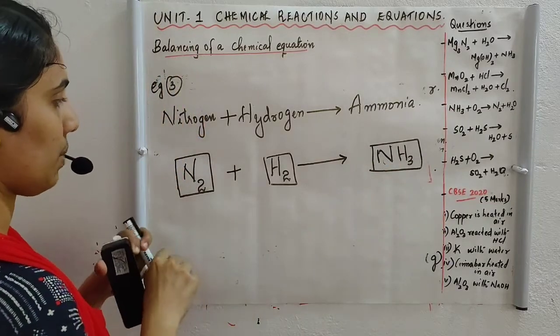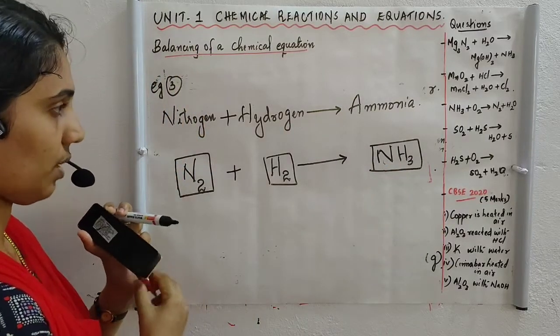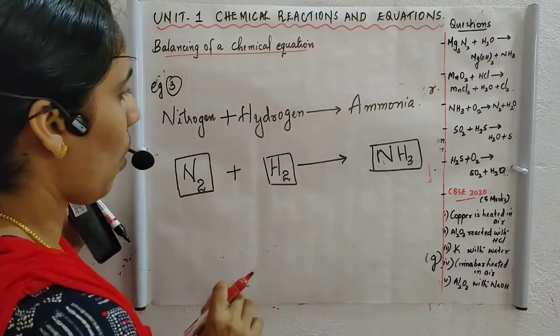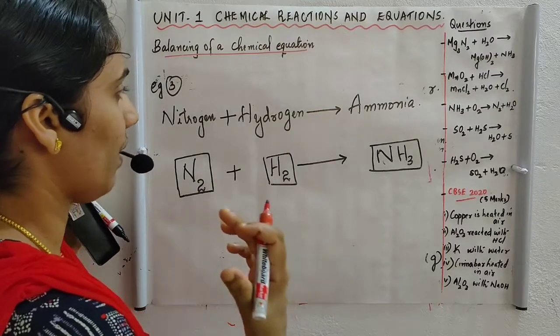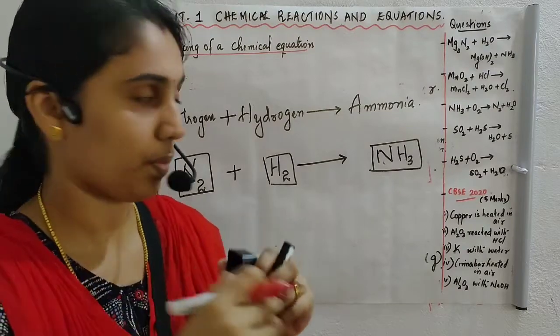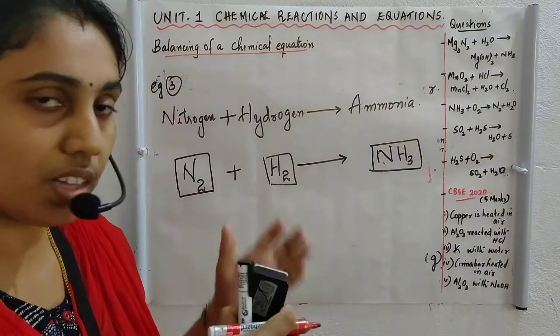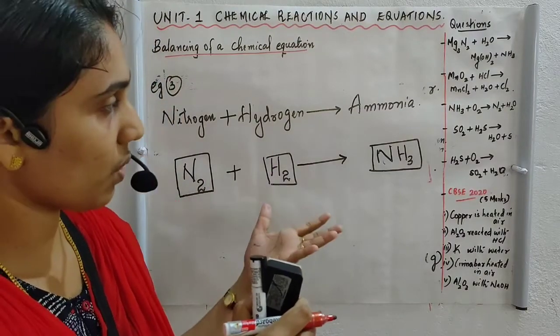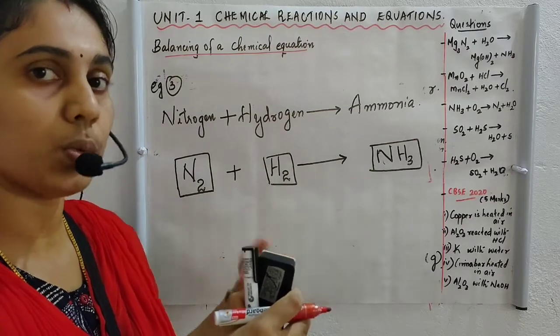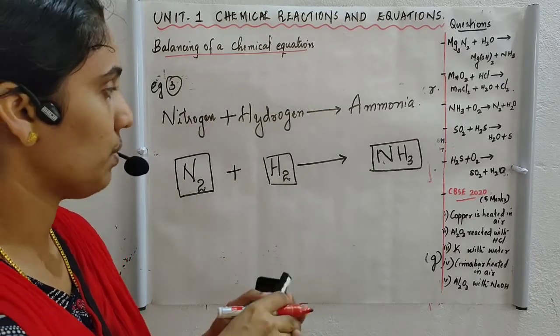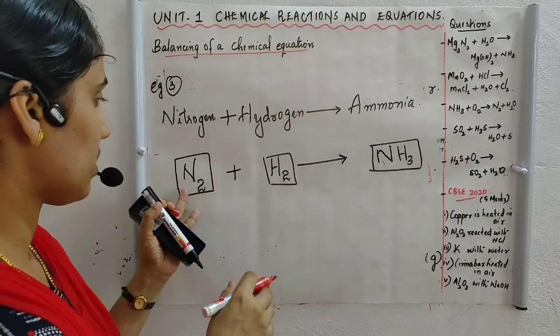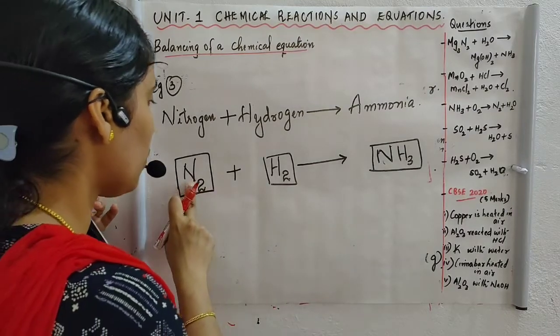So how to write a balanced chemical equation for the same? In every case we cannot follow the hit and trial method perfectly; we use the trial and error method with logic to balance it. This equation is very simple to balance when we consider N2 this side.